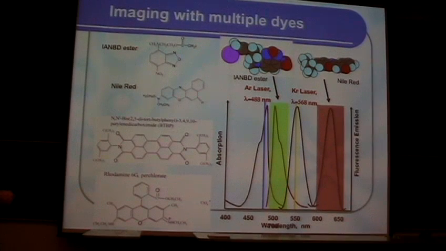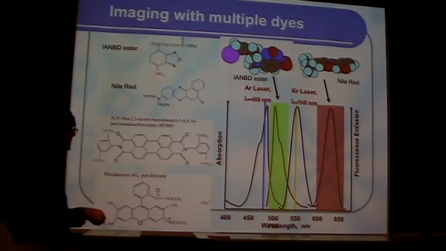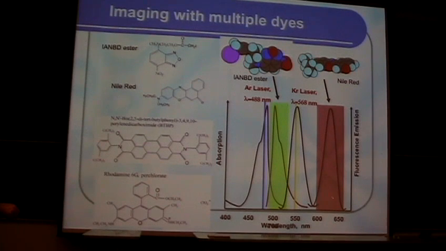And so you can see that the dye shown in here has the absorption band somewhere between 450 and 500 nanometers, emission band between 500 and 550. The Nile red dye, however, has an absorption band at much larger wavelengths, and respectively the emission band at even longer wavelengths.